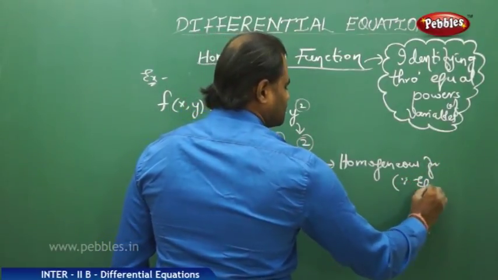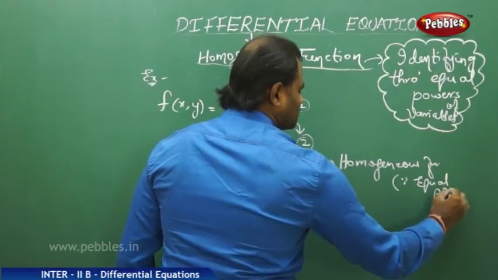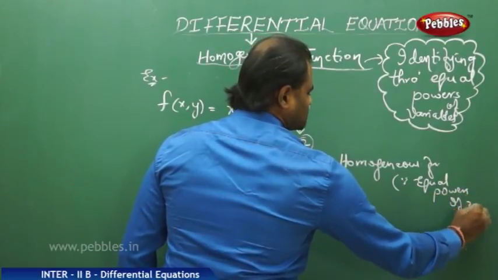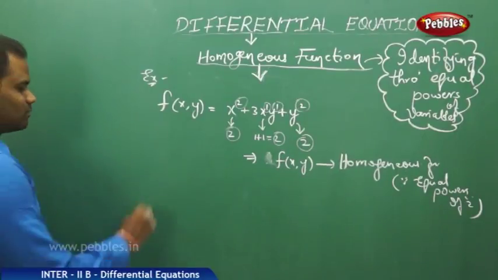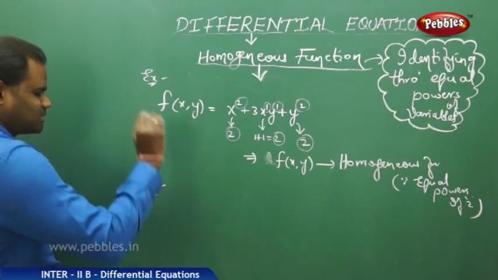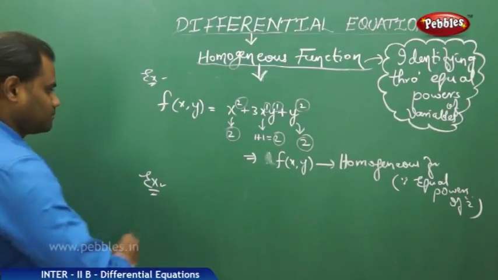Since equal powers of 2 is how we identify. Let's take one more example and see if this is homogeneous.